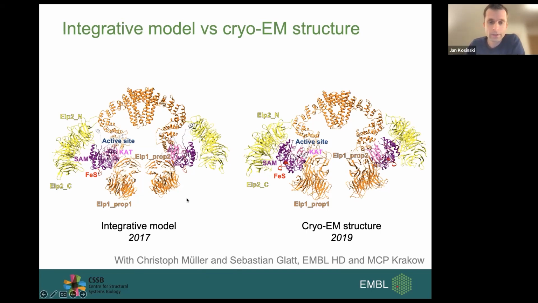And you can see that the models are very similar, the architecture is very similar. The functional sites and some domains in the complex, which I indicate with these labels, are also laid out in a similar way in the cryo-EM structure and the integrative model.